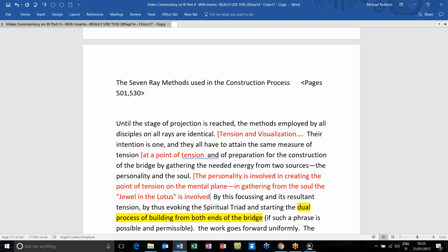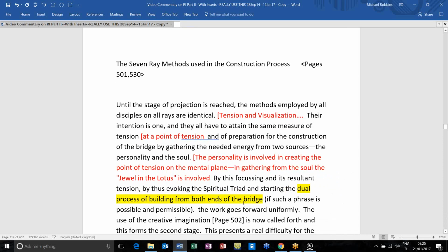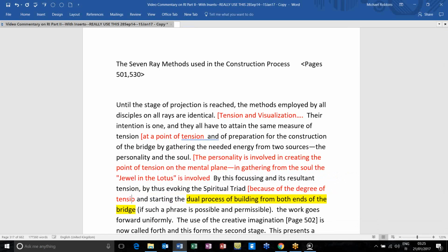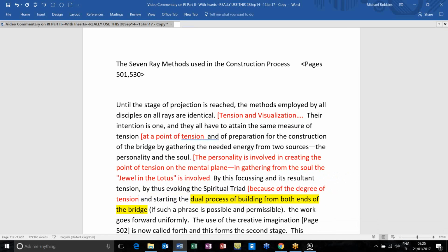So by this focusing and its resultant tension, by thus evoking the spiritual triad, and we might say because of the degree of tension, and starting the dual process from both ends of the bridge, there's not so much we can do about what will be the evocative response. That's left up to the consciousnesses on the higher levels, including our own consciousness on the higher levels.